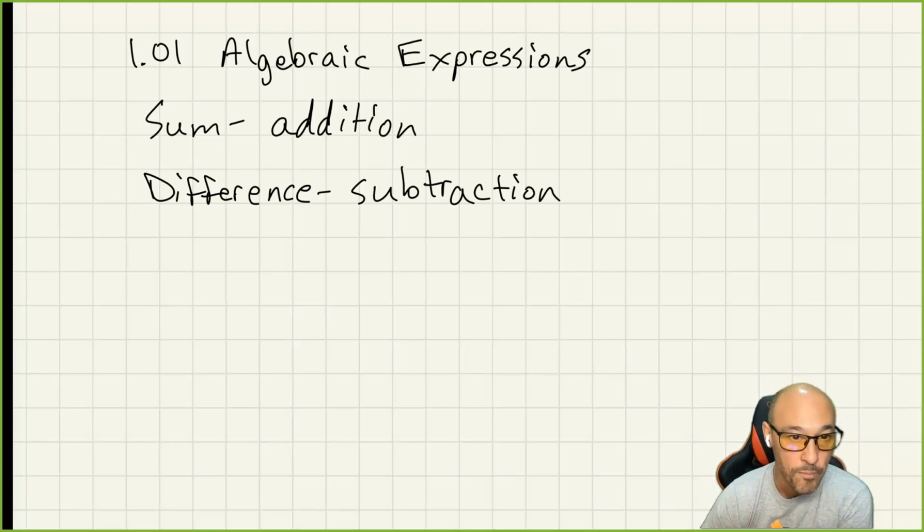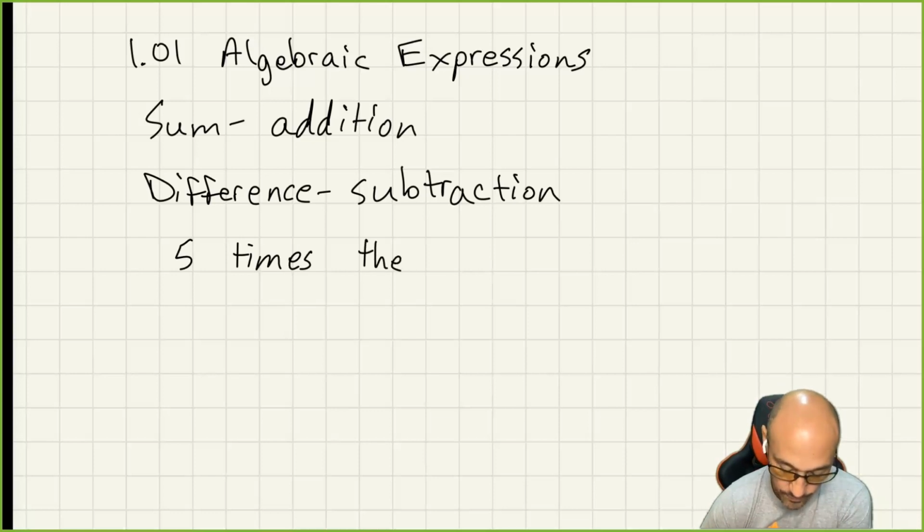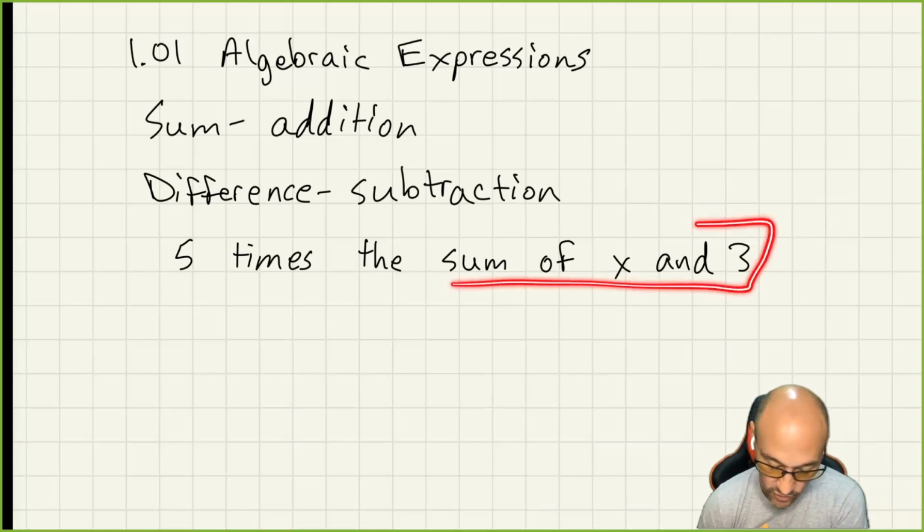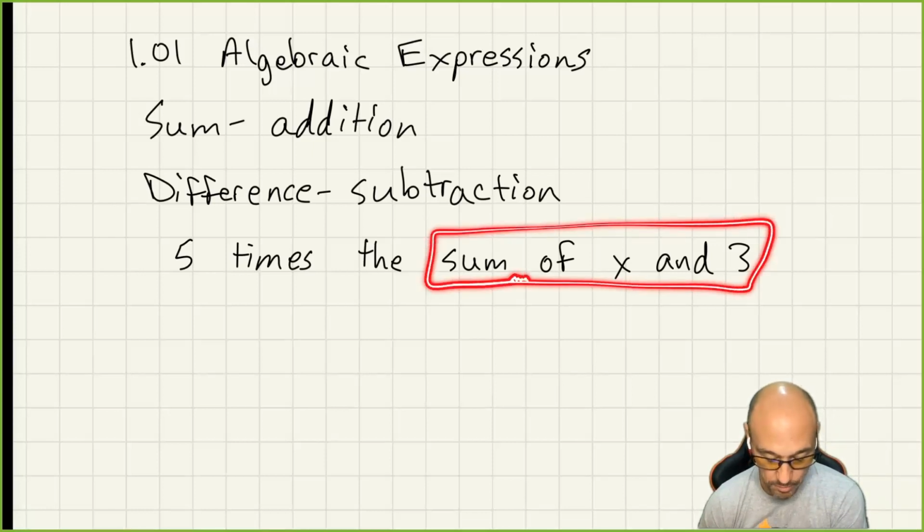But our first example is 5 times the sum of x and 3. In this example, it's important that you notice that the sum of x and 3 is what we're multiplying 5 by.